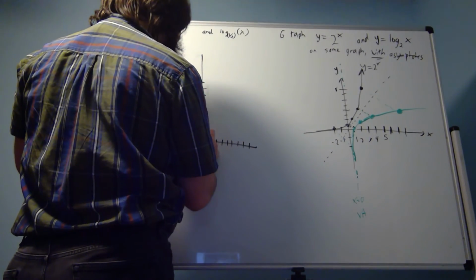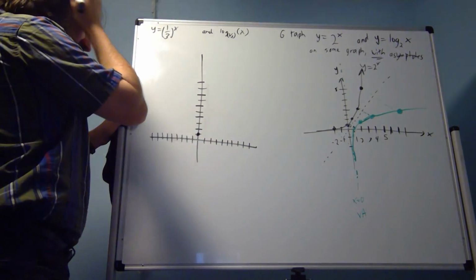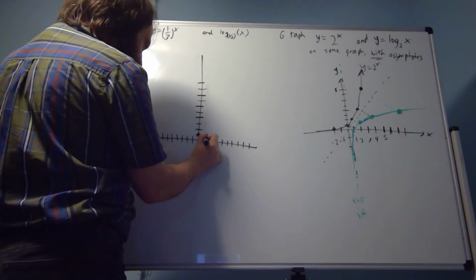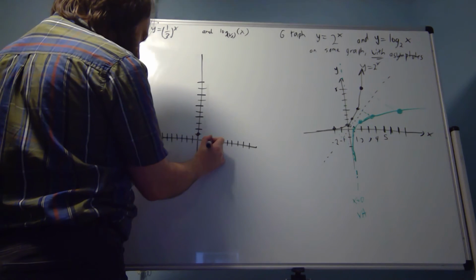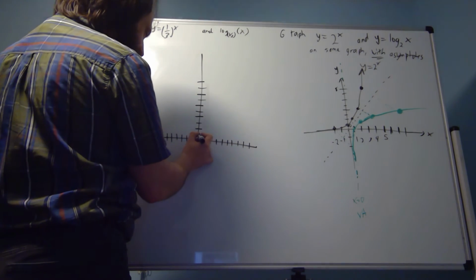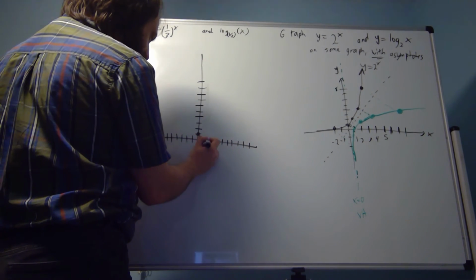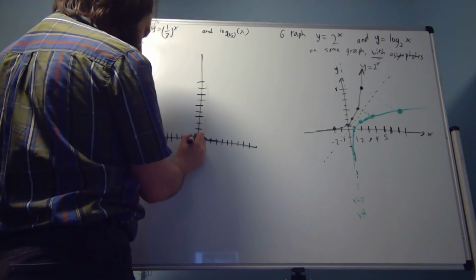Okay, so now that's large enough that you can kind of see it. 1/3 to the first, 1/3 squared. There's not a whole lot I can do as I go farther to the right, but I can go farther to the left, and there's still room.